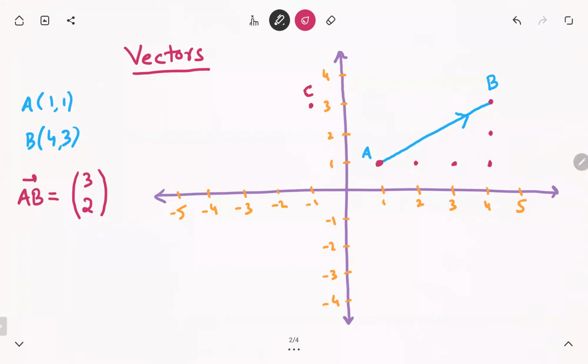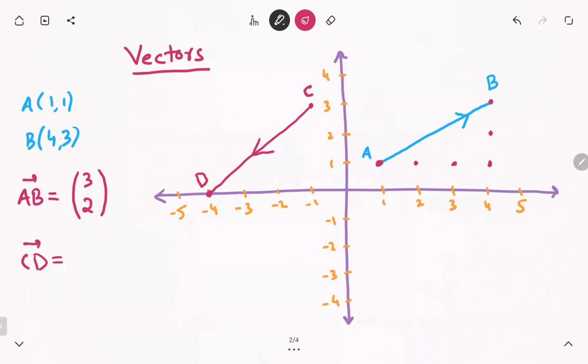If I join these 2 points, I will get a line segment CD. I want to find the vector CD, so my direction will be from C to D, this should be the direction. Now I want to write the column vector for CD. G, please try to find out the column vector CD.